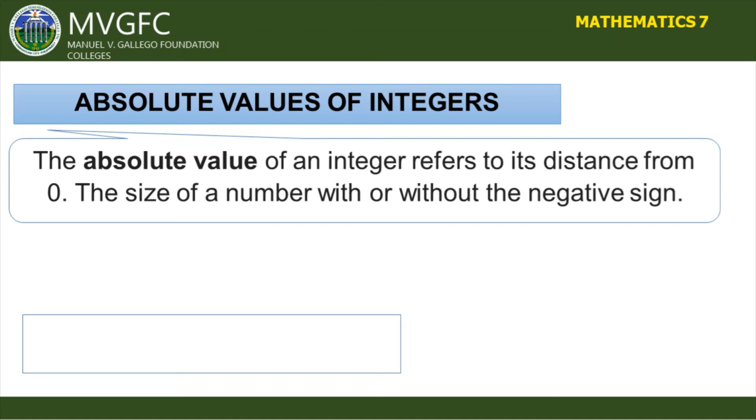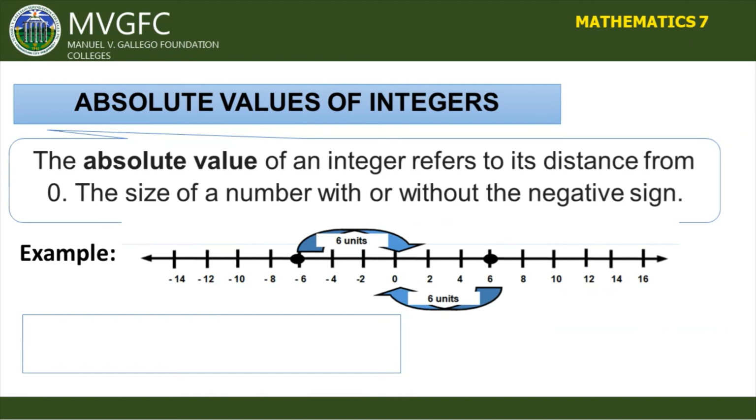Again, when we're talking about absolute value, this is the distance of the integer from 0. For example, the absolute value of -6 is 6. In symbol, it's like -6 is in between two parallel lines. So the absolute value of -6 is simply 6 because it's starting from 0.